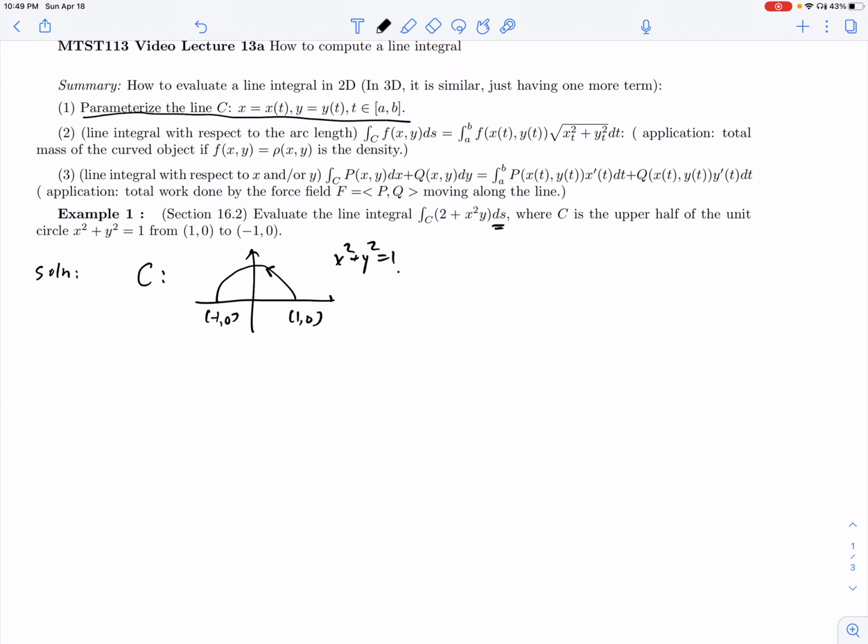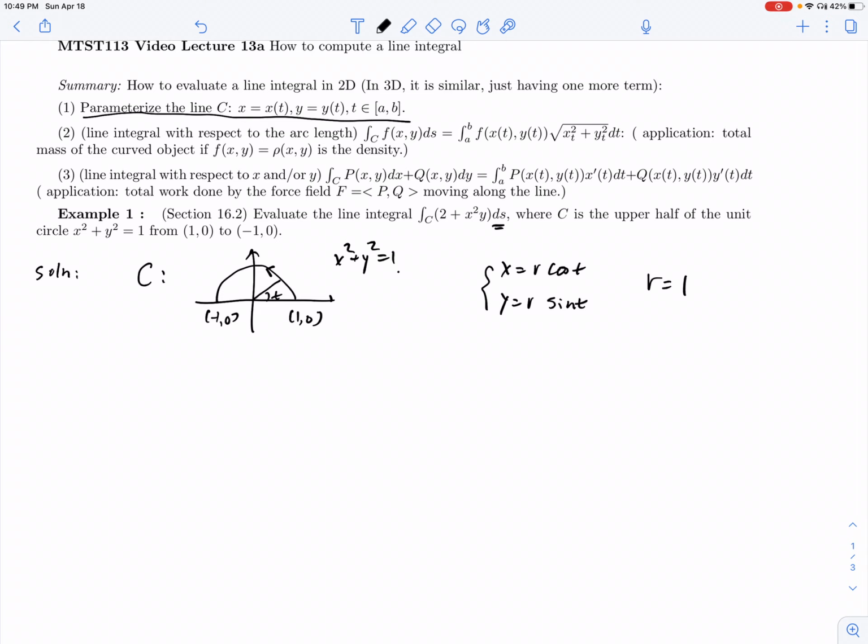And how to parameterize this? We know that this is a circle, so the easiest one is to use x is equal to r cosine t, and y is equal to r sine t. And here r is a constant, 1, and t is the angle, we know that. This is t.